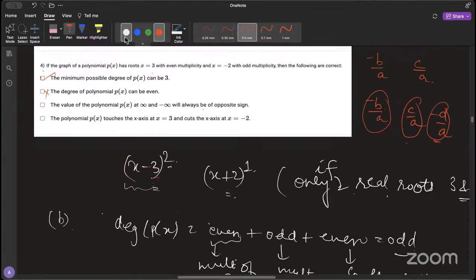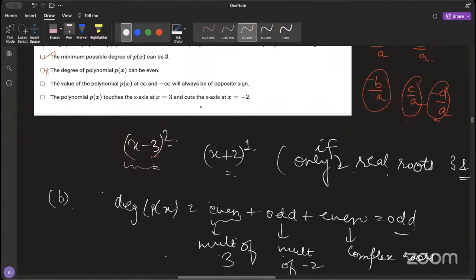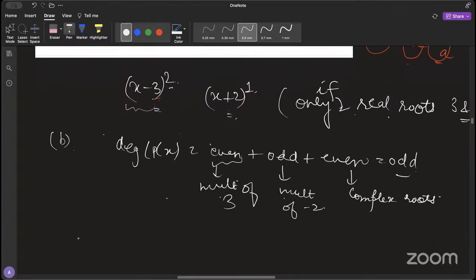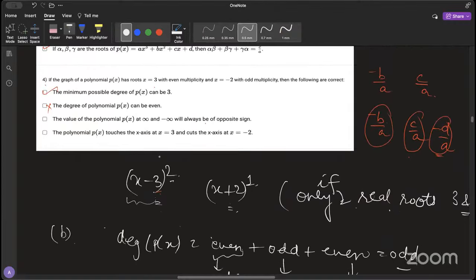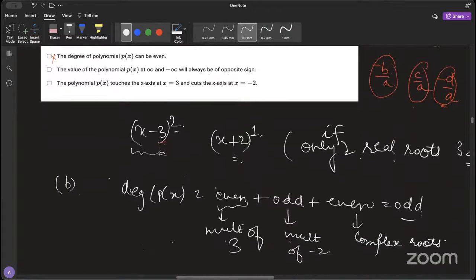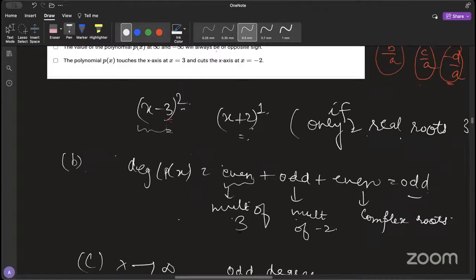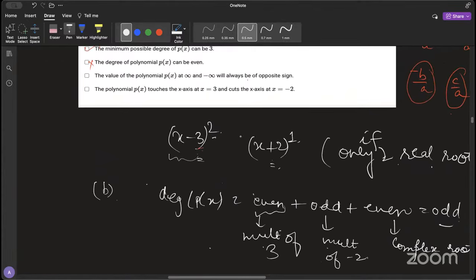Now coming to this one, now we can talk about this one more clearly. The value of the polynomial p(x), when x tends to infinity, because your degree is odd, right? Odd. And the other thing we need is the leading coefficient, and we don't know what the leading coefficient is.